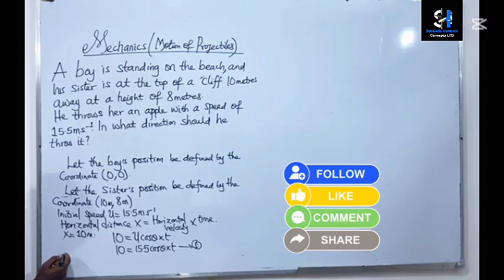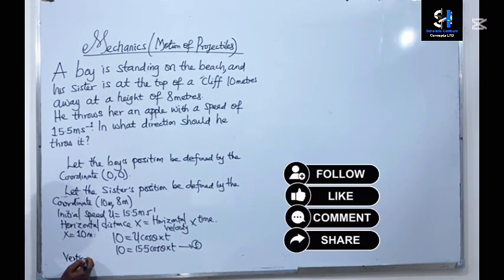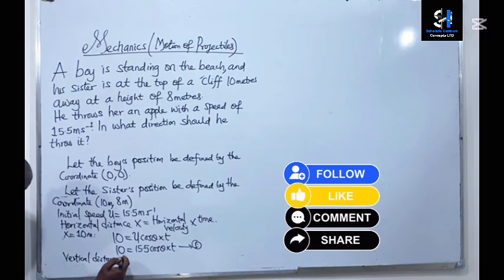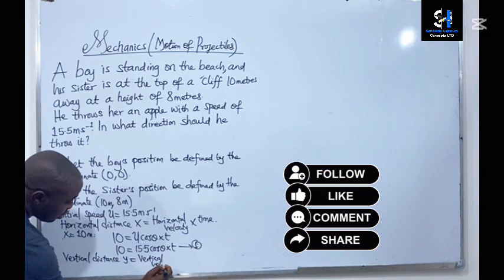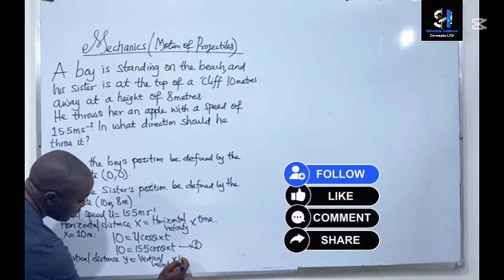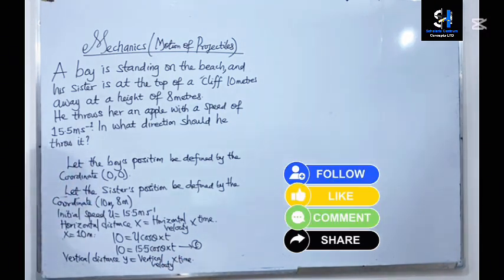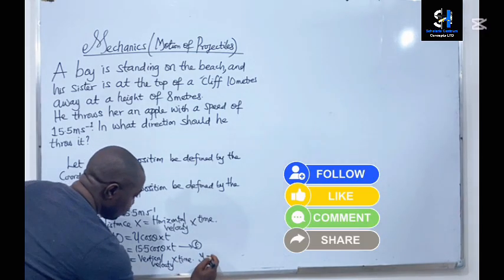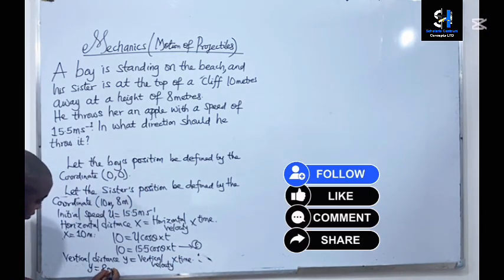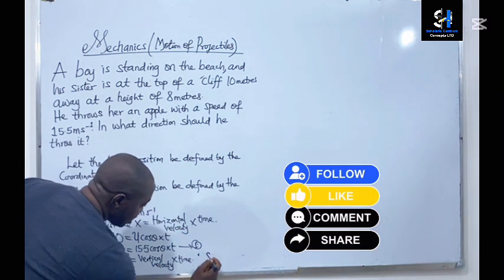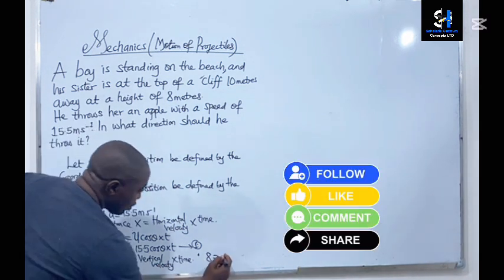Then also, for vertical distance or vertical height, which is y, we know that y equals 8 meters.